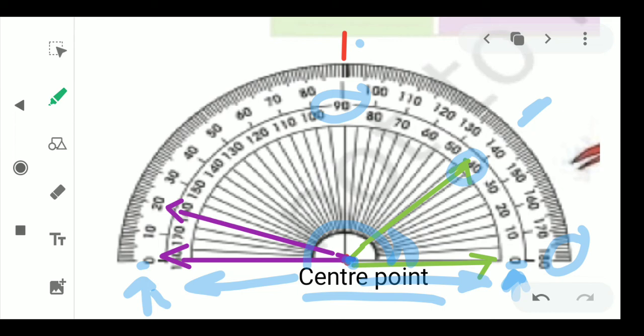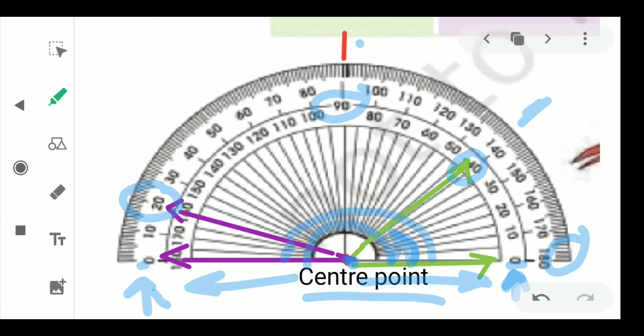And if we measure the angle from the left side, we'll note down the outer reading. Thus this angle is showing a reading of 20 degrees. This angle is 20 degrees. For this angle, we'll use the inner reading, this one.